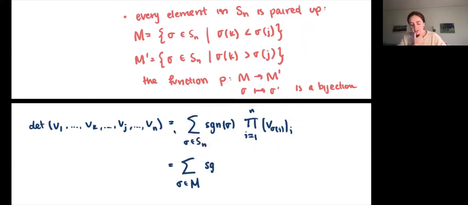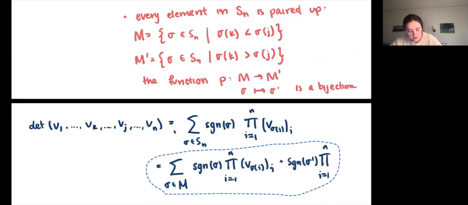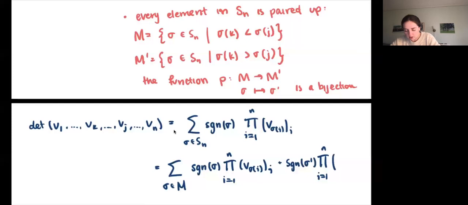So this is going to be SGN of sigma times the product as I goes from 1 to n, V sigma I sub I. And then we're going to group that with the corresponding term from sigma prime. So we'll have SGN sigma prime product as I goes from 1 to n, V sigma prime of I sub I. Great.